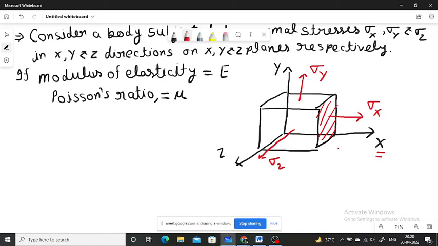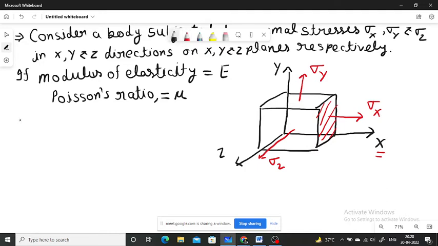The plane which is perpendicular to the y axis is known as y plane, and similarly the plane which is perpendicular to the z axis is known as z plane. So here there are three normal stresses, sigma x, sigma y, sigma z, which are acting on x, y, and z planes in x, y, and z directions.